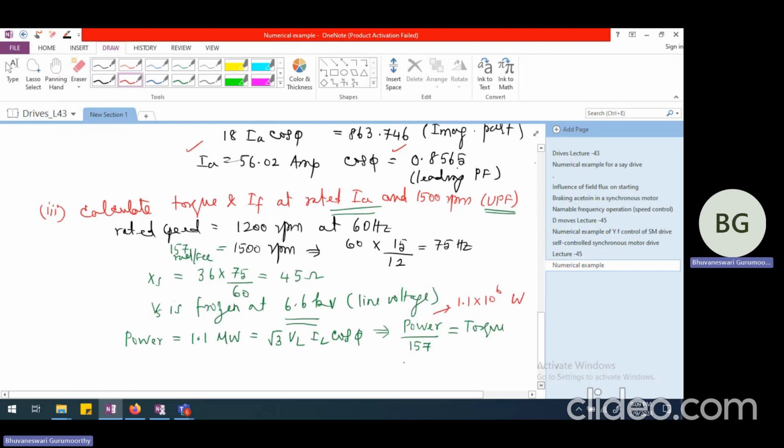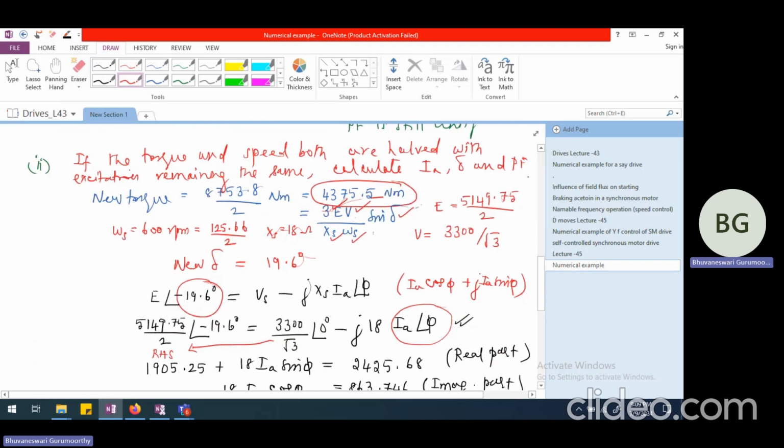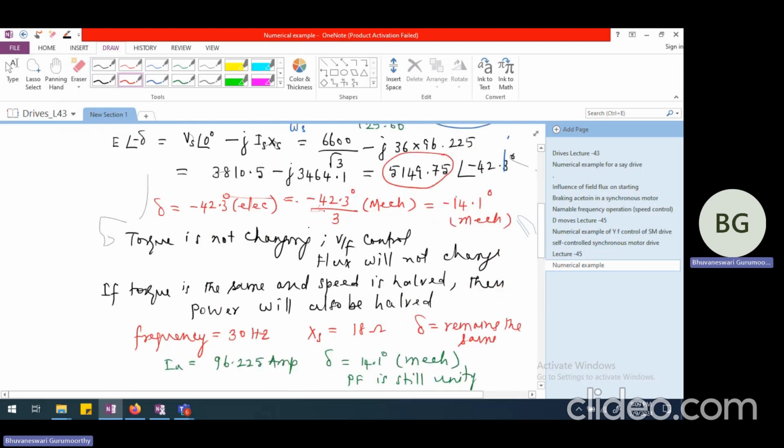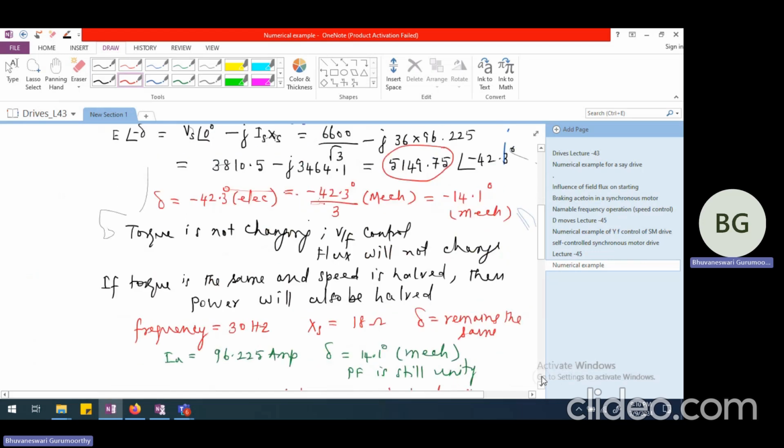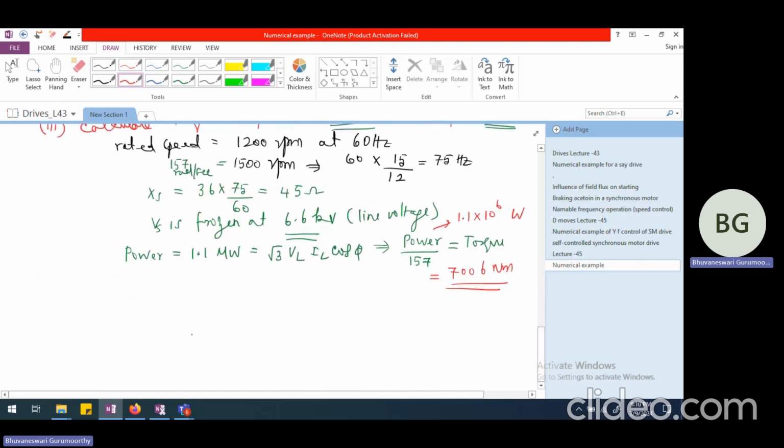Now the torque value we get is 7006 Newton meter, which is very clearly lower than what we had as rated torque. Rated torque we had calculated as some 8753.8 Newton meter. So compared to that, currently the torque is lower, clear.